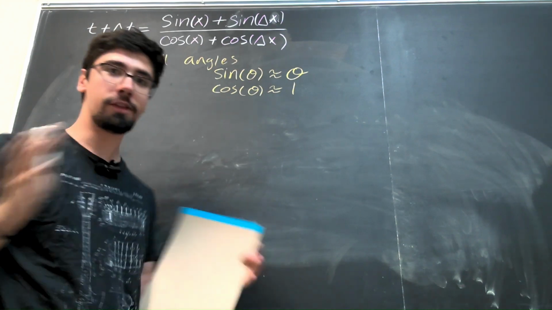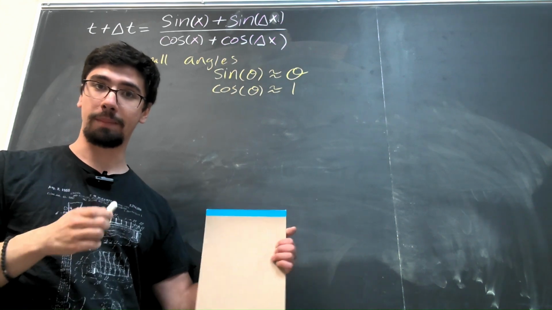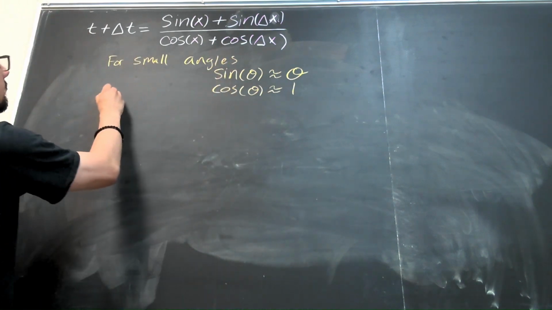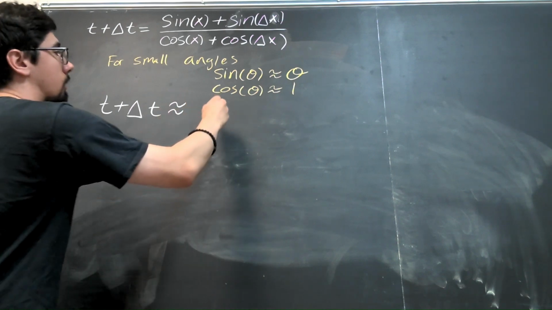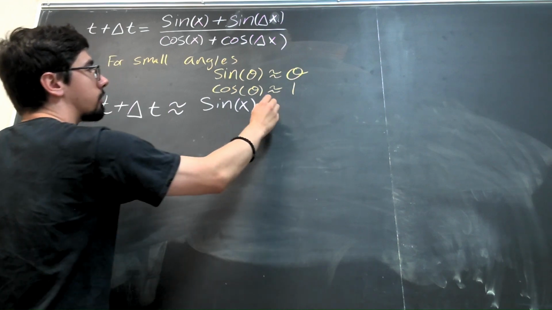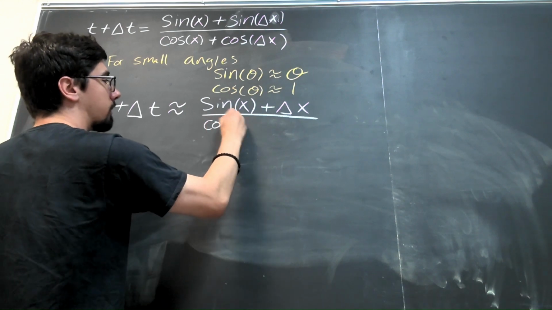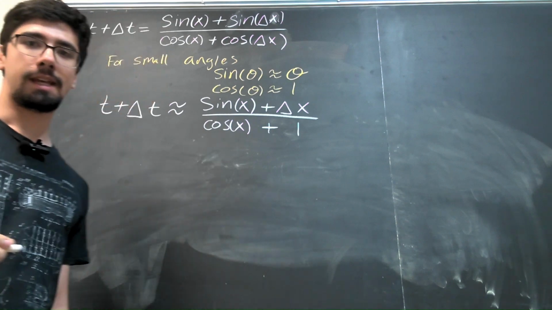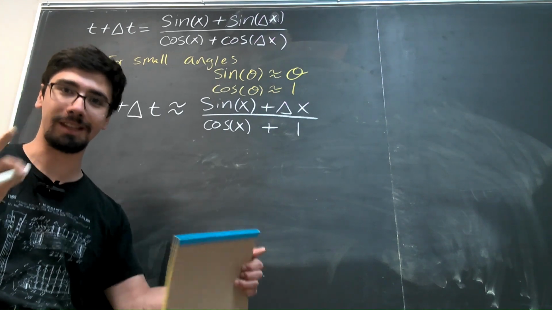And the whole idea driving this problem is that this delta x that we're nudging the system by is a very small amount. So when we assume small angles, our relationship becomes that t plus delta t is approximately equal to sine of x plus delta x over cosine of x plus 1. And this approximation gets better as we choose smaller and smaller values. Don't worry, we'll get the things we want in the end.